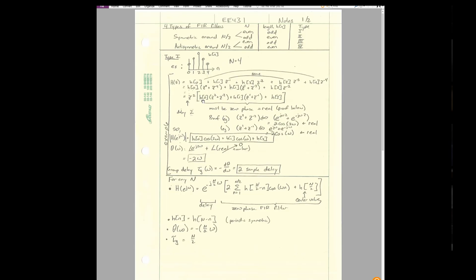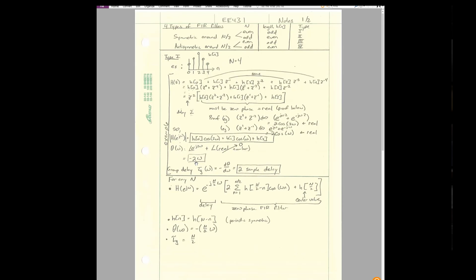And because we can group them like this, when eventually we find its DTFT, these groups all form, by Euler's identities, perfect cosines. And because they're perfect cosines, its DTFT is going to be a real number. And that means that its phase is 0.